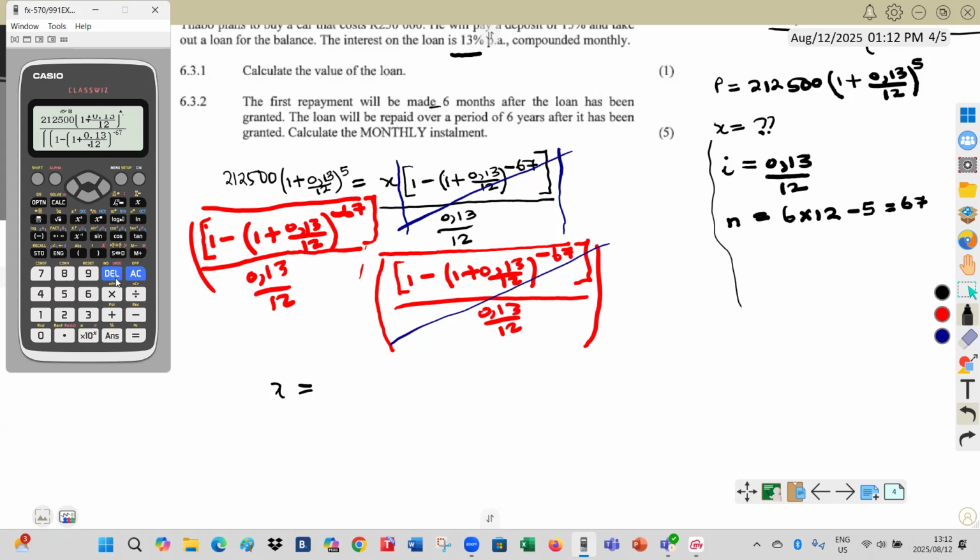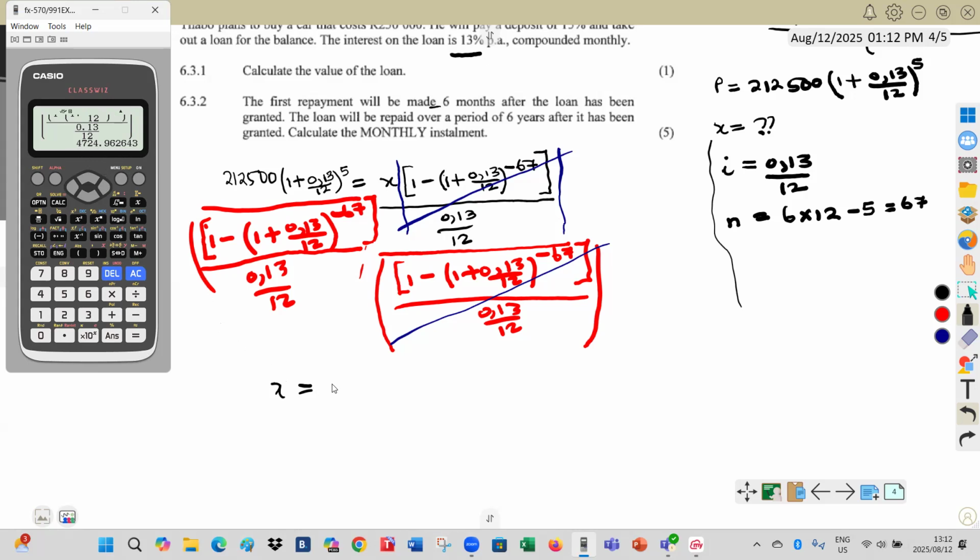Then we close that, we go to the denominator, which is 0.13 divided by 12. So we ended up getting 4724.96 when you leave your answer to 2 decimal places.